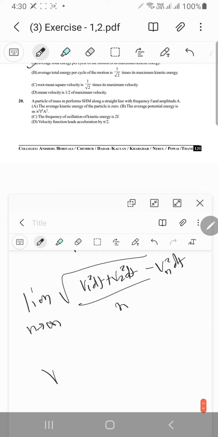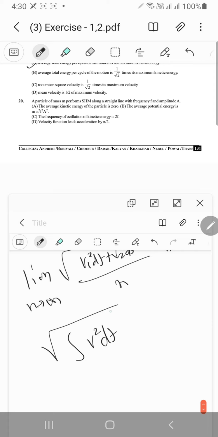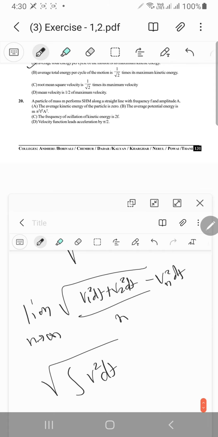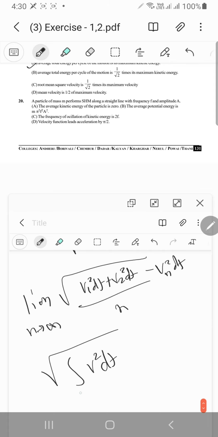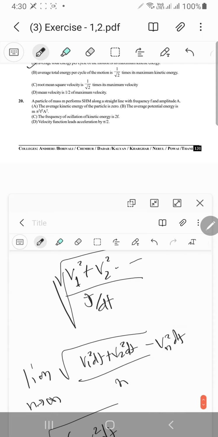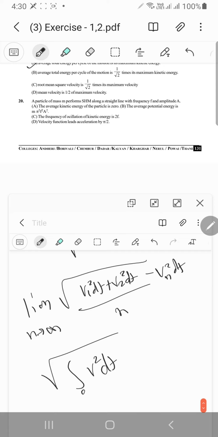So this is actually the square root of the integration of v squared dt, going from t equals 0 to, well, is this correct though? We need to find this in terms of v somehow.